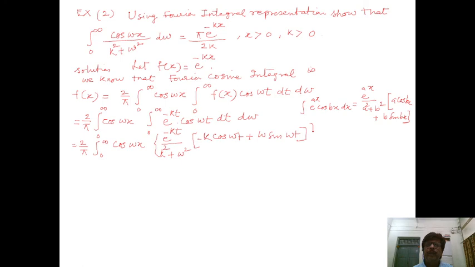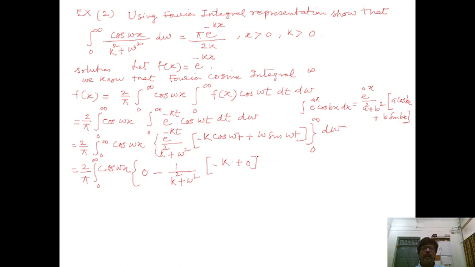Now I will be employing the limits. 2 upon pi integral 0 to infinity cos of omega x times: for upper limit t equal to infinity, e to the power minus infinity is 0, so 0 minus, for lower limit t equal to 0, e raised to power 0 is 1 upon k square plus omega square into minus k into cos 0 is 1 plus sin 0 is 0, d omega.